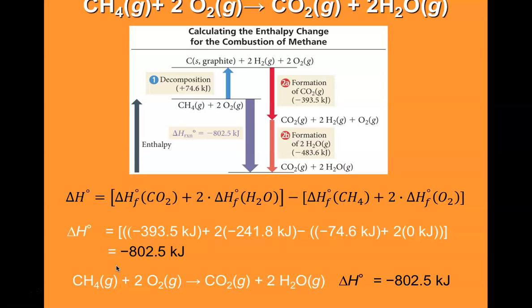When it comes to bond energy calculations, which are very similar to this, it's reactants minus products. So it's the reverse. Most things in chemistry are going to be products minus reactants, but bond energy calculations are reactants minus products. We'll get to that a little bit later.